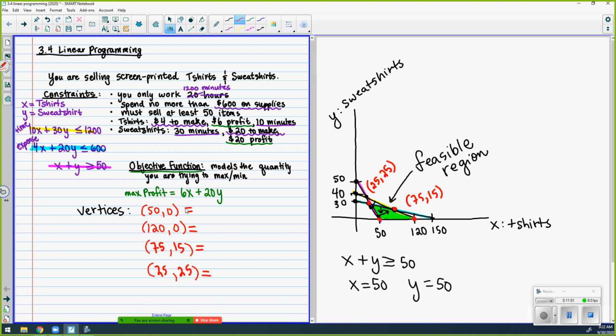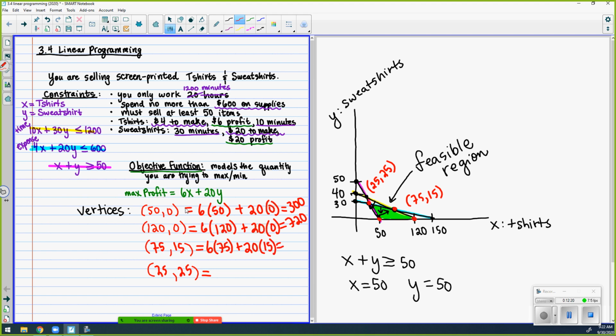All right, but for right now, what we're going to do with these vertices is plug them into the objective function. So 6 times 50 plus 20 times 0, that would be 300 plus 0, 300. Then 6 times 120 plus 20 times 0. Well, that would be 720. Then I'm going to go 6 times 75 plus 20 times 15.